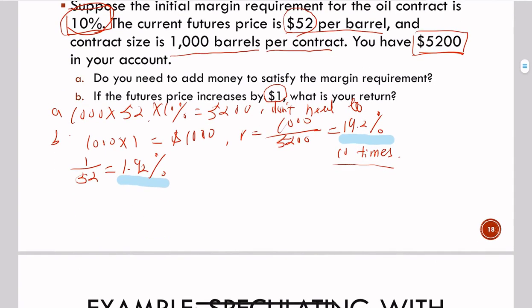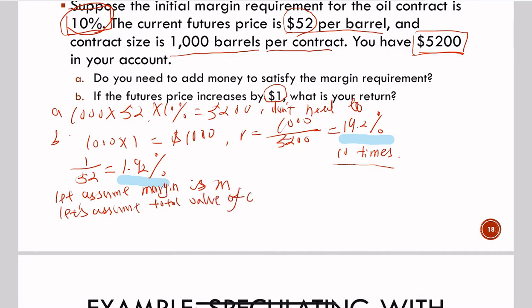Now let me give you a general formula, right? Let's assume the margin requirement is M, and let's assume the total value of your contract is V. Now, if the margin requirement is M, it means that your account has to have this amount of money, M times V. Now, let's say the futures price increases by some amount, and this gives you a return of R. So let's say you will have a return of R because of the futures price change.